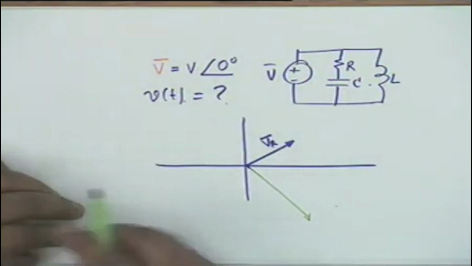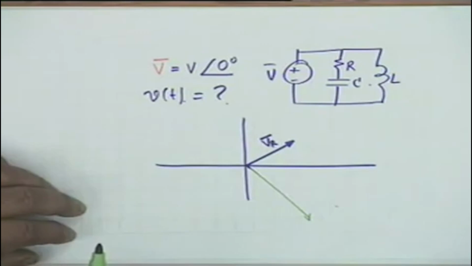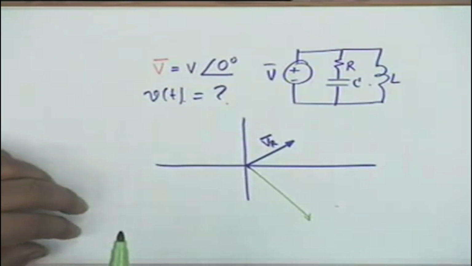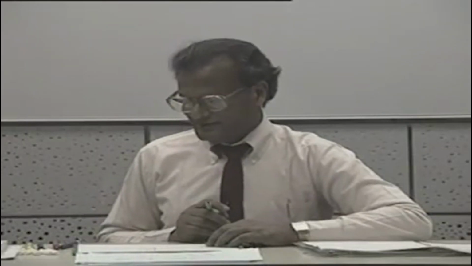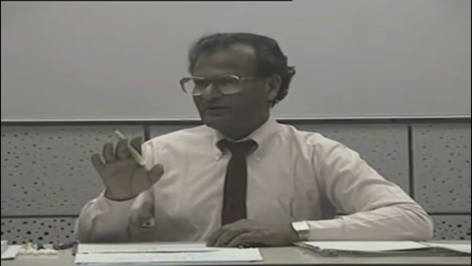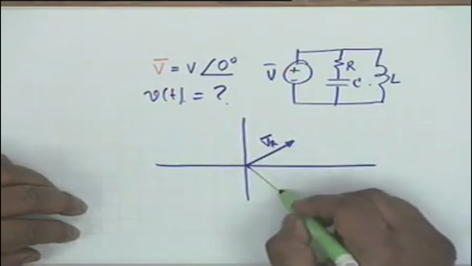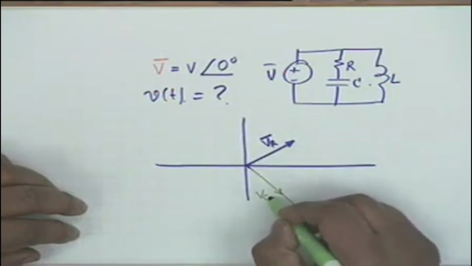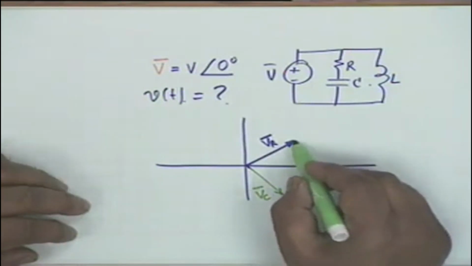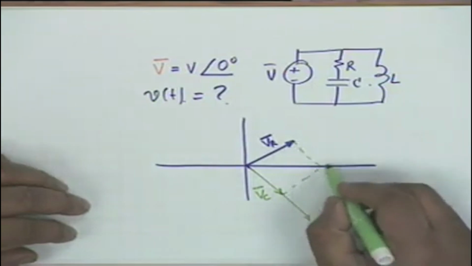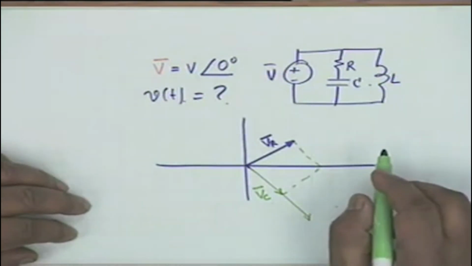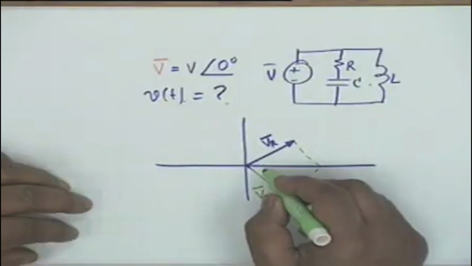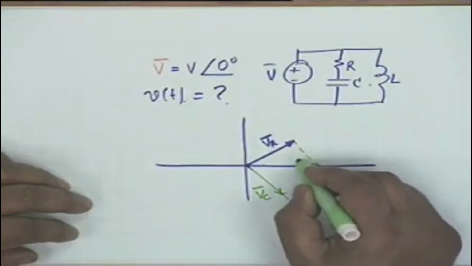The magnitudes shall be equal, and therefore if I measure this, this would be my VC, such that when I complete the parallelogram it will now be a rectangle, or a square. It will be a square because this is 45, this is 45, and therefore this is my voltage phasor.